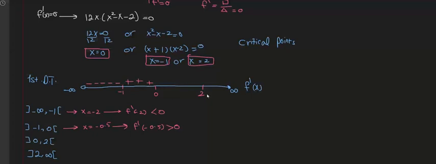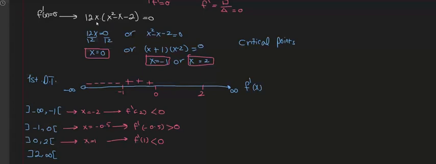Now from 0 to 2, we might pick x equals 1. And in that case, f dash of 1 is going to be negative. Here it's going to be 1 minus 1, which is 0, minus 2 is -2, times 12 which is positive.